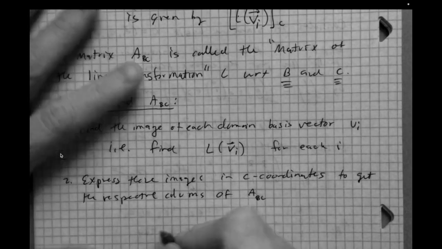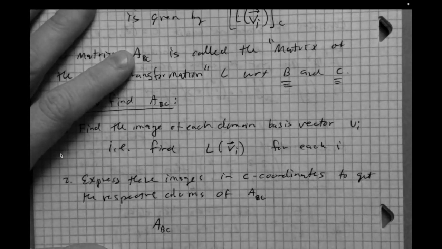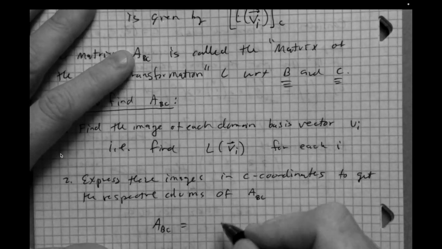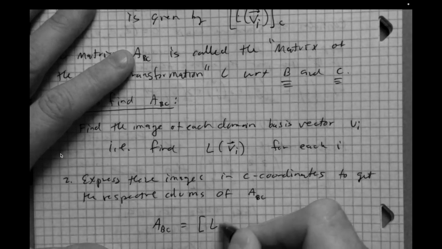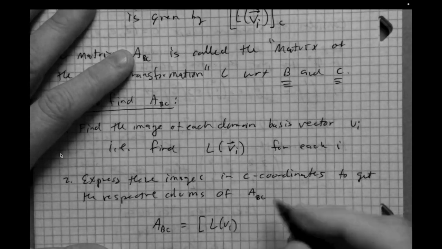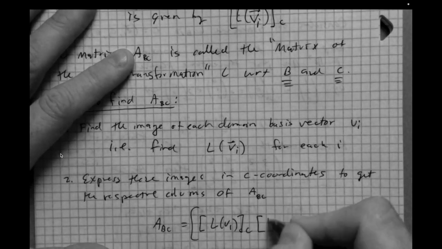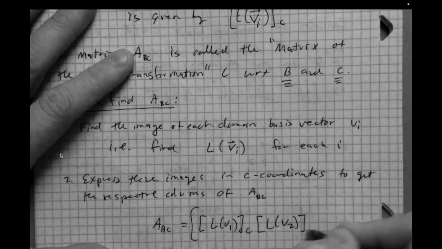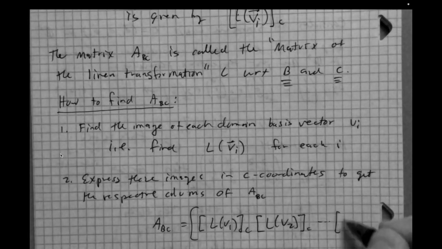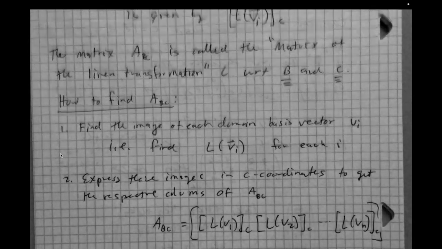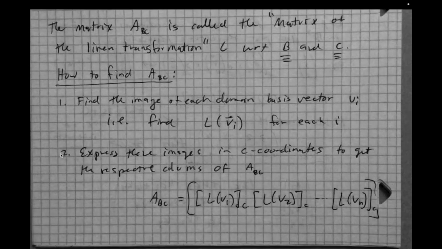So A sub BC is equal to L of V1, L of V2, dot dot dot, L of Vn, each of these expressed in C. So that's the idea of finding this matrix.